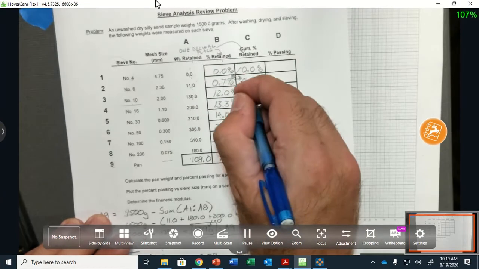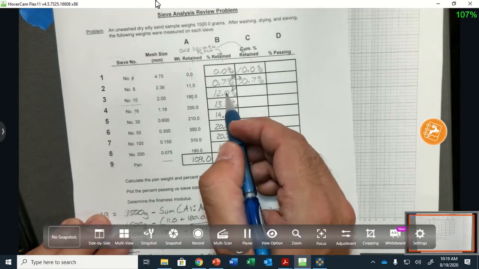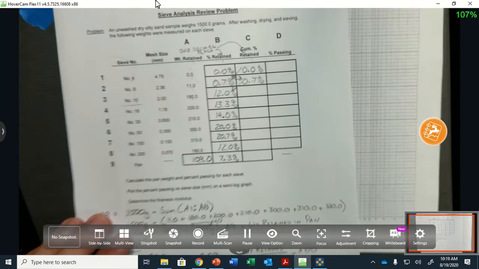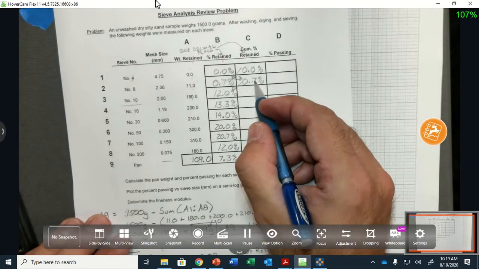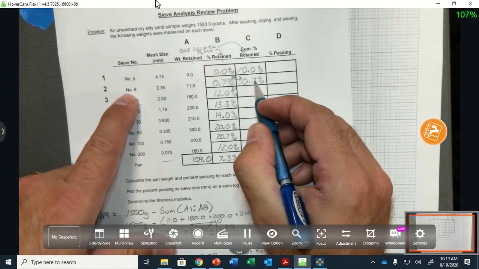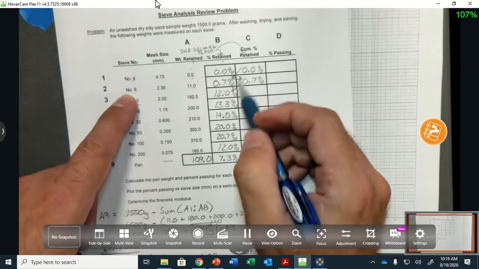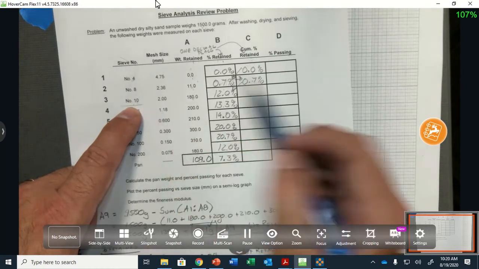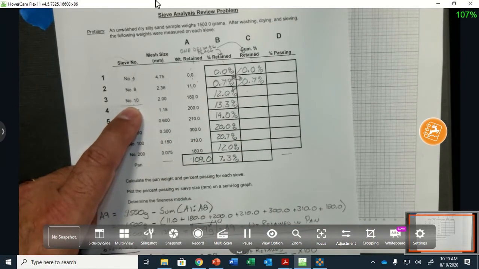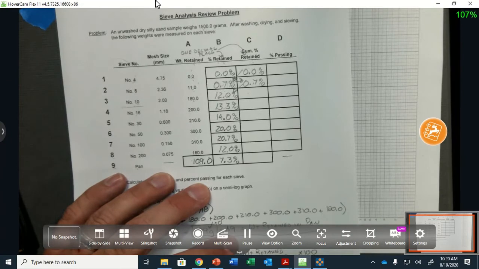So again, I'm taking this and going this way, plus B3, and that will equal, so C2, the previous cumulative, I have 0.7%, so I need to add that to what's retained on the number 10, plus 12.0%, and that would equal 12.7%, okay?